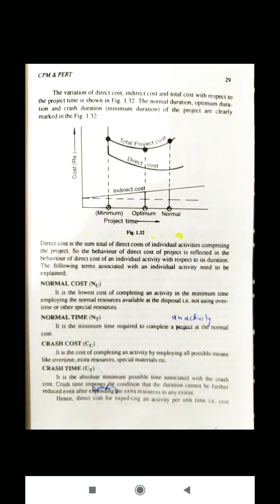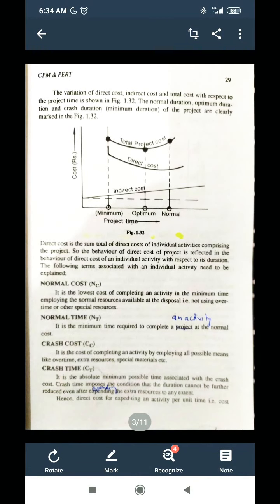Under normal circumstances, the time required by any particular activity is known as normal time, and the cost corresponding to that time is known as normal cost, where we are not using special equipment. We are using the minimum time and minimum labor which is required by that particular activity. So this is the normal time and normal cost.